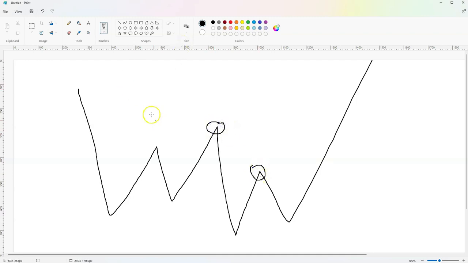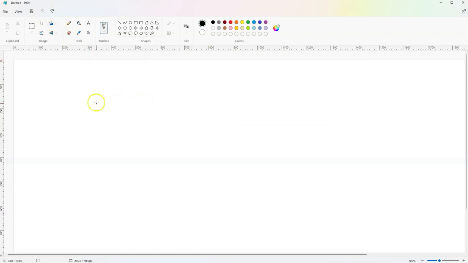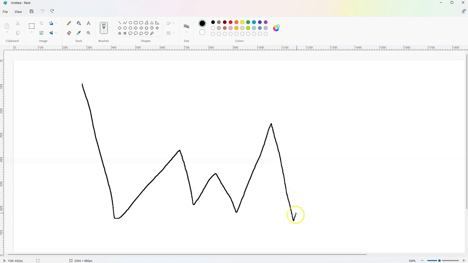Cool. However, if we would have had something like this, where it was like that, this point is not lower than the one that came right before it. So that does not count. That's not the diagonal trajectory calling for a break of structure.